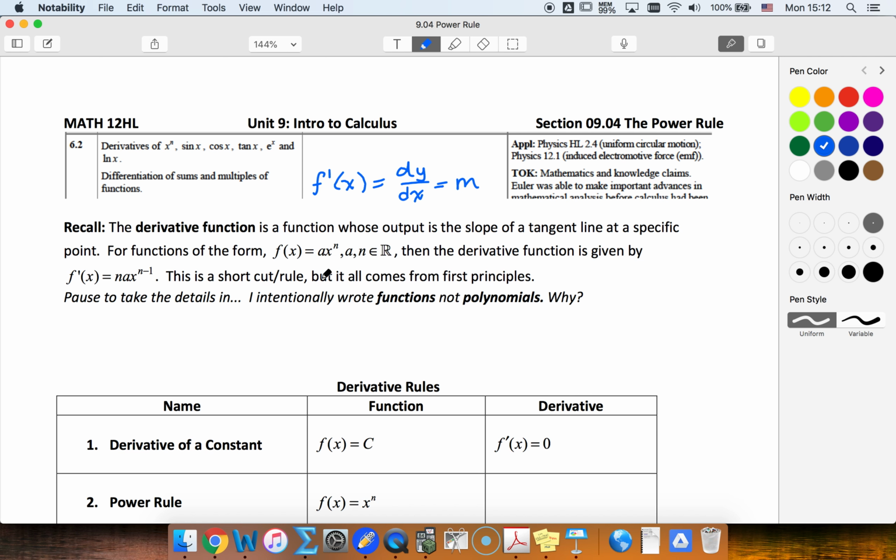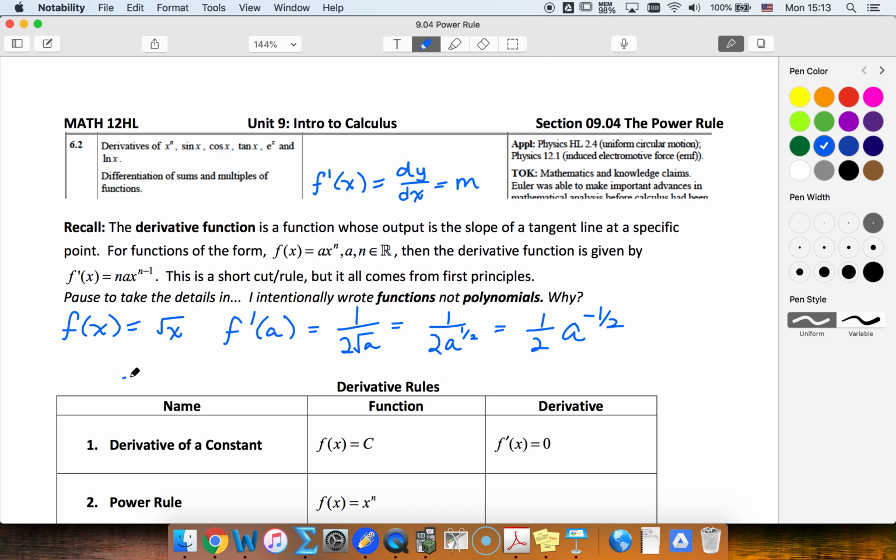So remember, in the last set of notes, we saw that if f of x is root x, then the derivative function at any point a was 1 over 2 root a. Well, this is the same as 1 over 2 a to the half power, which is the same as 1/2 a to the negative half.